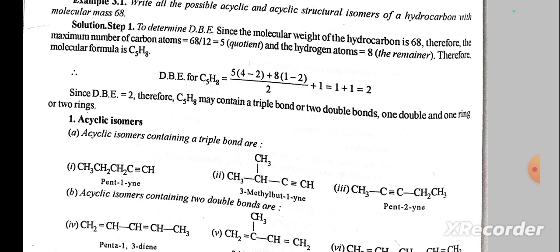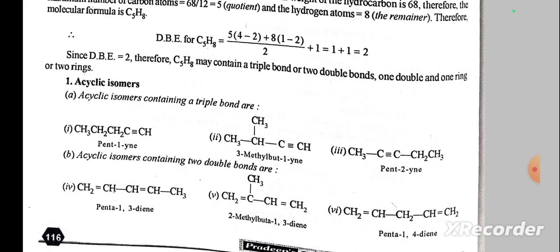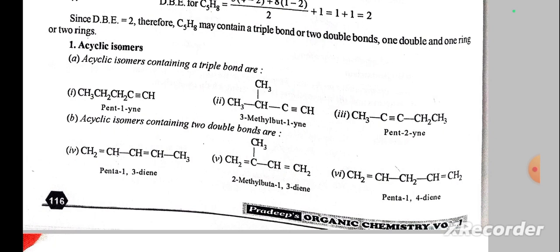Therefore, C5H8 may contain a triple bond, or two double bonds, or one double bond and one ring, or two rings. First, acyclic isomers. Acyclic isomers containing a triple bond are pent-1-yne, 2-methylbut-1-yne, and pent-2-yne.